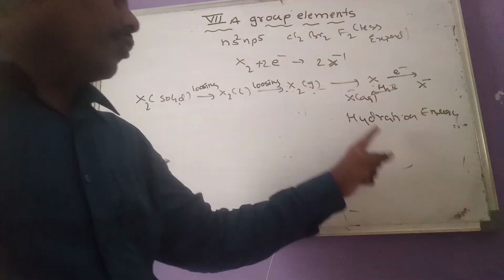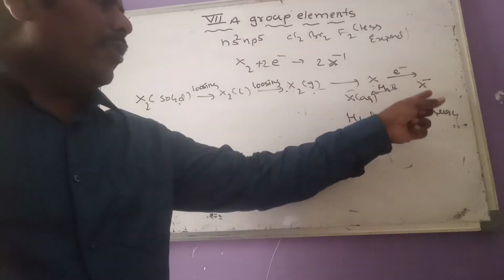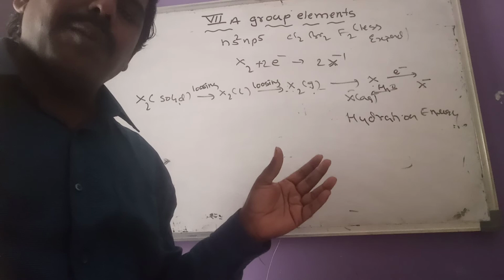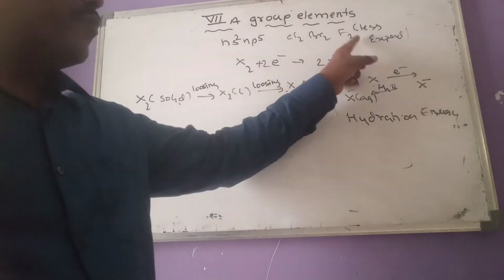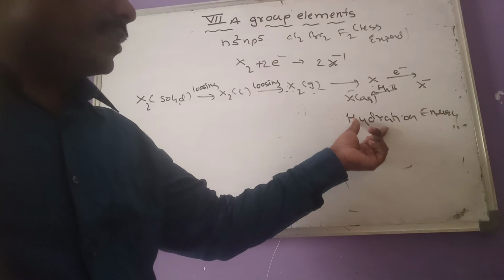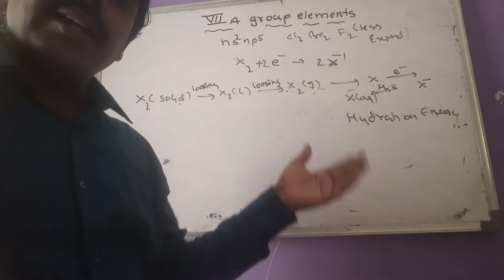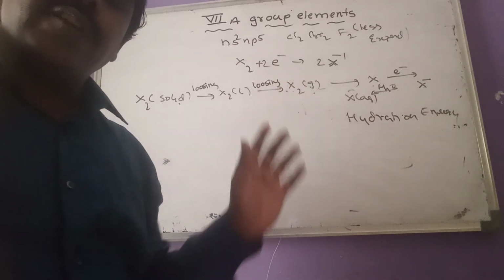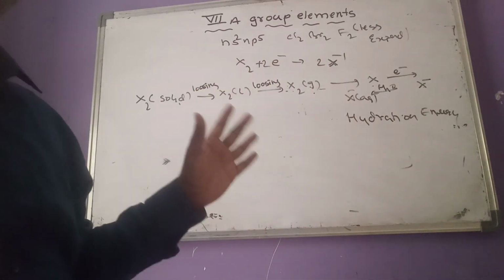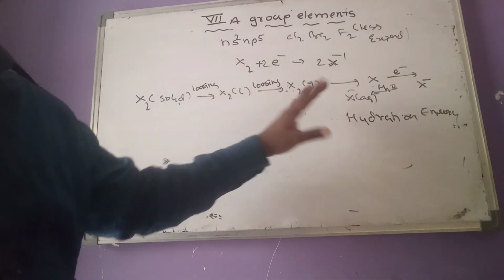Now again come to the last step. Now heat of hydration. Heat of hydration is more for small species. So F minus is smaller than Cl minus. So in this case, we get more heat energy in case of which one? F minus. So finally, in the entire halogen family, F2 won the race.